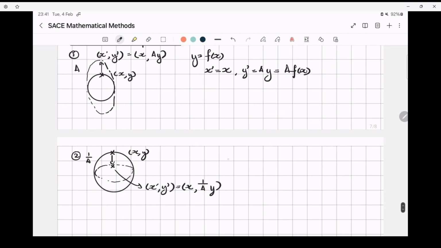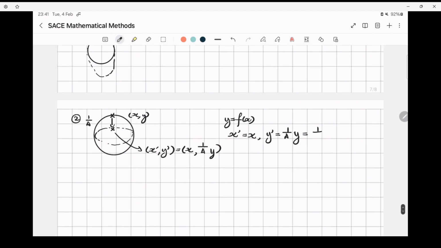As usual, we let y equal f of x. So coming from here, you notice that x prime is still your x, y prime is 1 over a times y, which is 1 over a times f of x. Okay, so this is the compression factor.